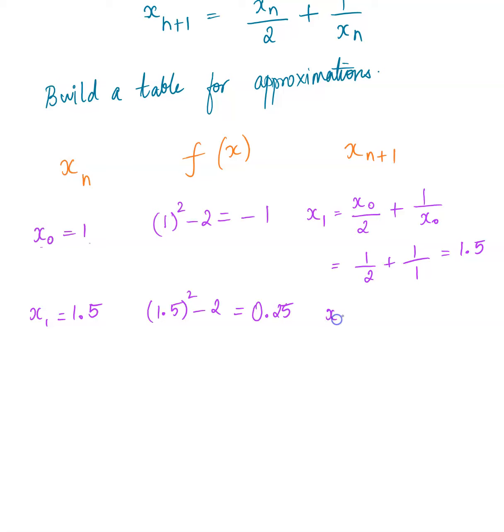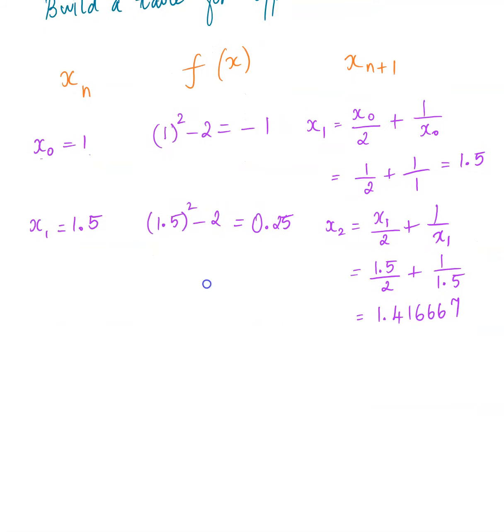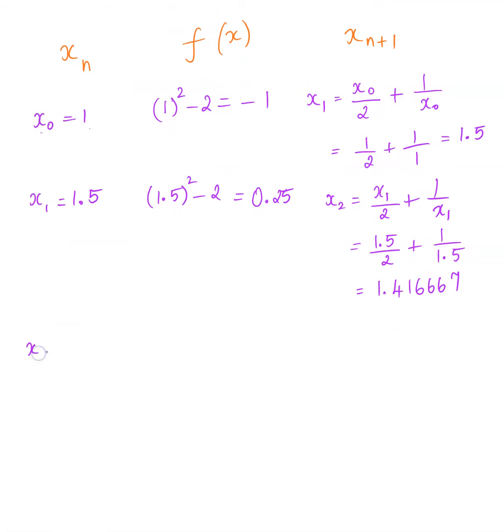Then we have x2, which is x1 over 2 plus 1 over x1. So if you computed that, that will be 1.5 over 2 plus 1 over 1.5. Of course, use your calculator to get this, and try to get as many decimal places as possible to get a more accurate answer. So x2 is 1.416667. Plug that in for your f of x.